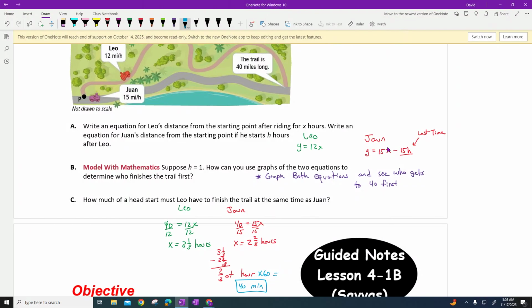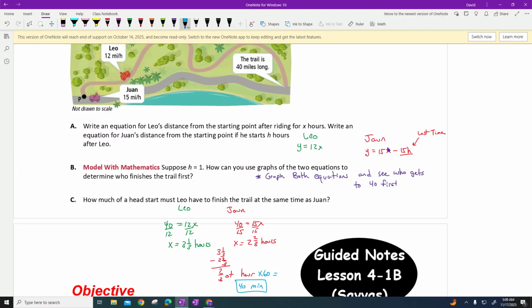Juan's is the part after Leo, minus 15, because he's going 15 miles per hour, and if he's starting 1 hour later, there's the 1 hour less, so minus 15. If I had to graph both of these, all I would do is look at my equations and see who hits 40 on the y-axis first.